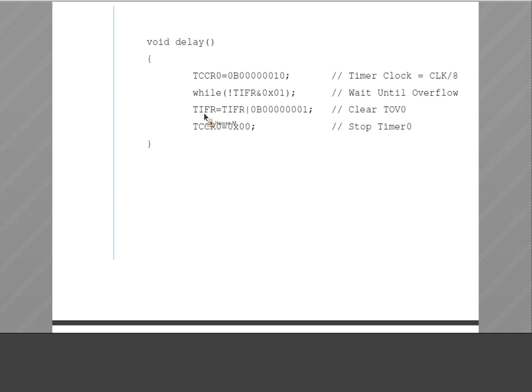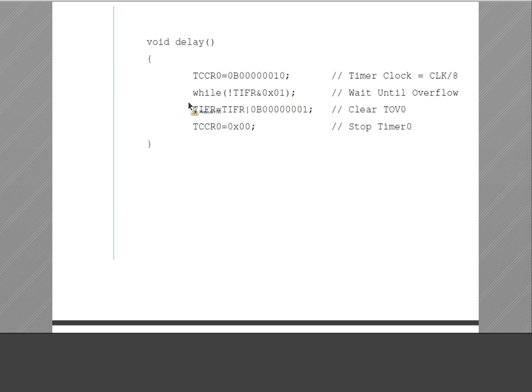Then timer interrupt flag register is ORed by 00000001. That means clear timer overflow for use with other cases. Okay, we clear this bit ourselves.